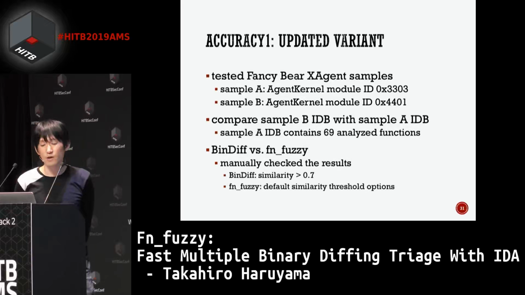Mostly, BinDiff does not accept duplicate matching for secondary functions. If one match is incorrect, the other will be incorrect too, like a domino effect. The remaining 3 functions were just missed, I guess. In FNFuzzy, 3 functions were excluded due to small code byte size. 2 functions were missed because they were obfuscated.